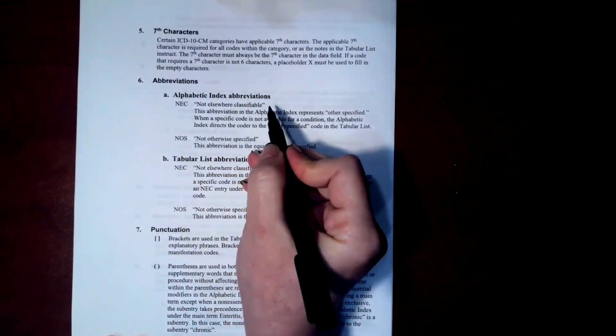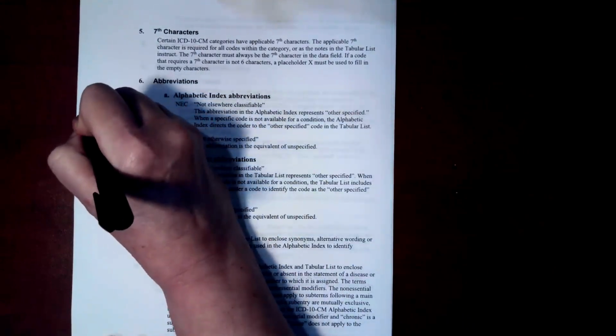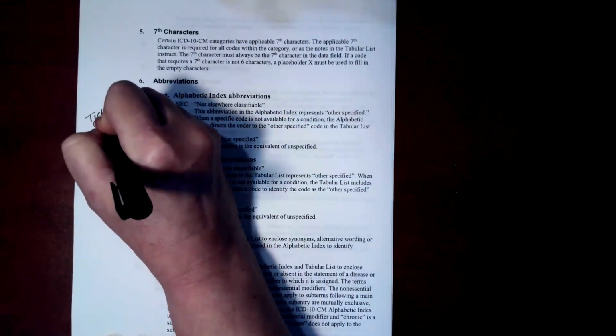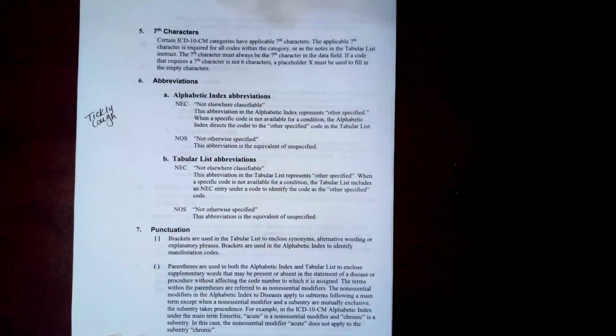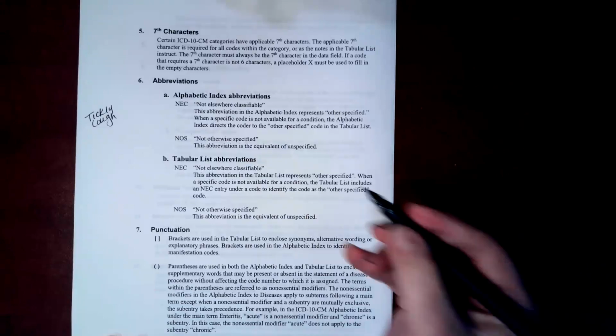abbreviations. And the first abbreviation is not elsewhere classified. So for example, if the provider wrote that the patient had a tickly cough. Now, when I go to the alpha index and I look under cough, which is the disease, injury, or illness, there isn't a specificity for tickly cough, right?